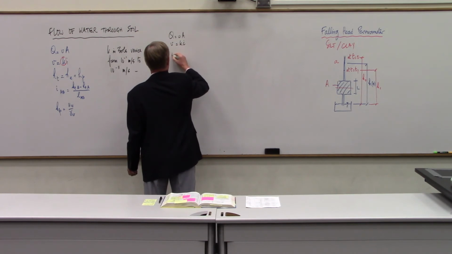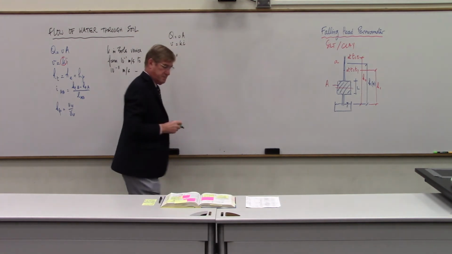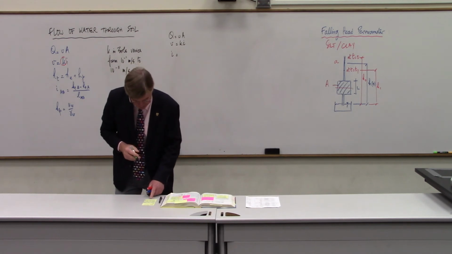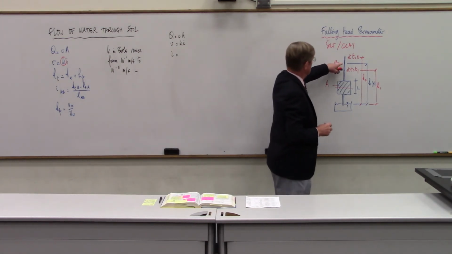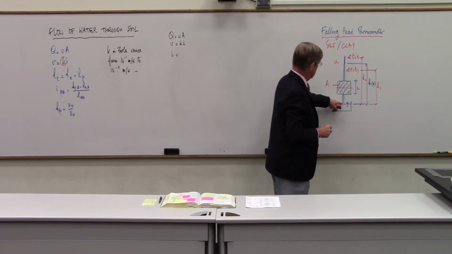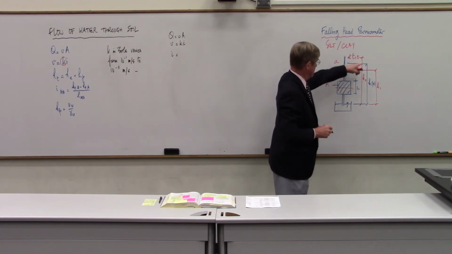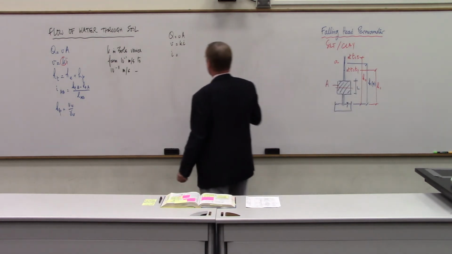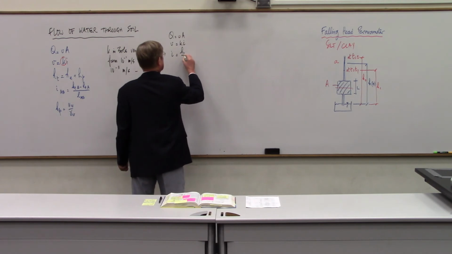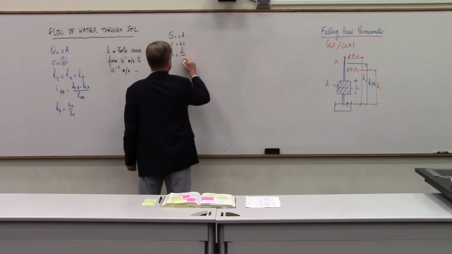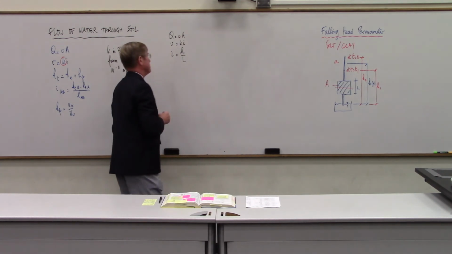So I is going to be the loss of total head, which is H. So the total head, the water level is here before the flow, water level is here after the flow, loss of total head is H. And H is a function of T, divided by the length of the sample, because that's the distance traveled.